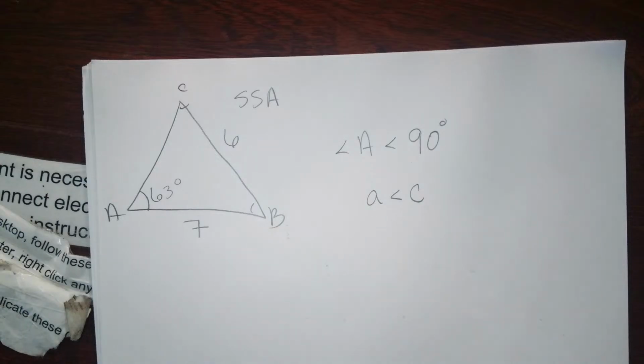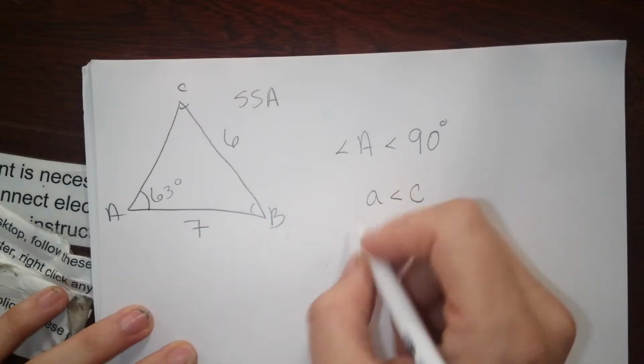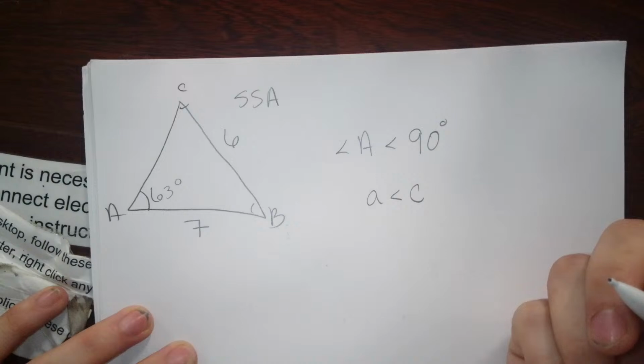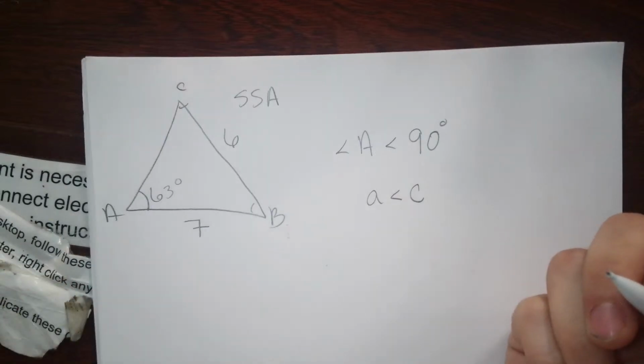So now I've got to figure out how side a compares to what? The height. Now I've got to find the height. Are y'all following that flow chart? All right, so now I've got to find the height of this triangle. What's my height going to be? It's your side times the sine of the angle given. Which given side?